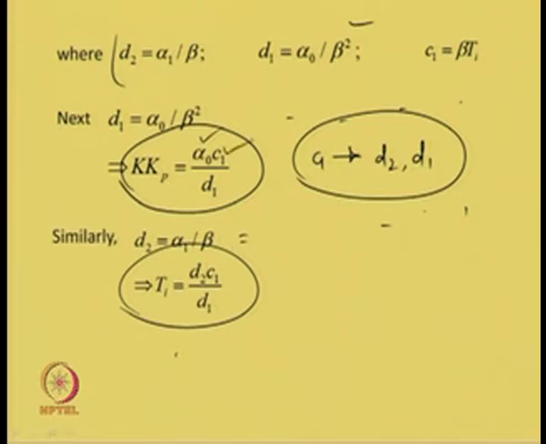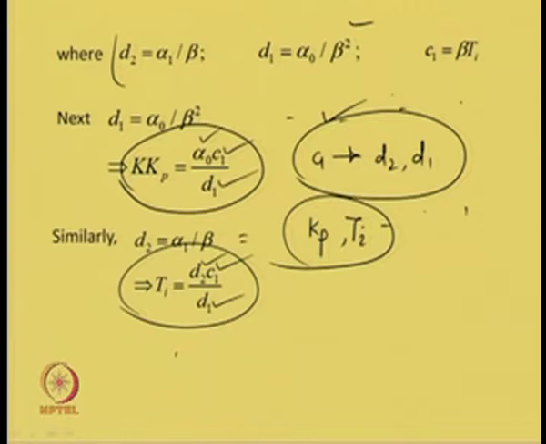Now, for any C1 we get D1 and D2. Therefore, all the quantities in the right half of the two expressions are known to us. Thus, it will be possible to estimate Kp and Ti values, making use of the values C1, D2 and D1 for a given process transfer function model.